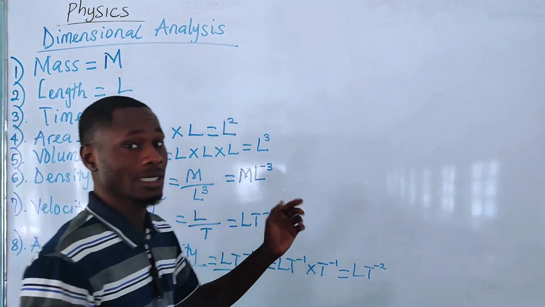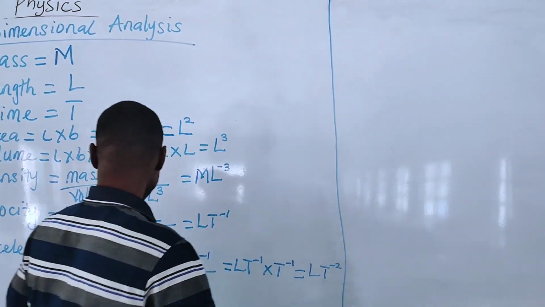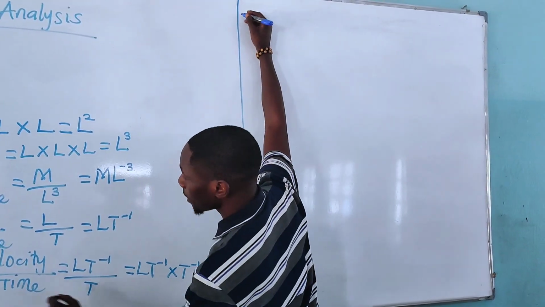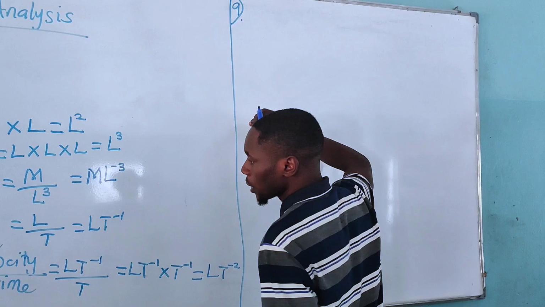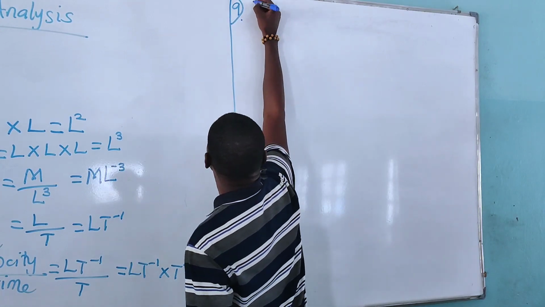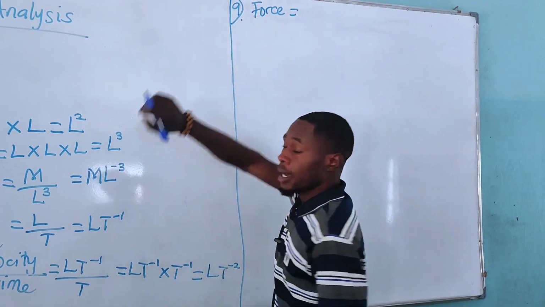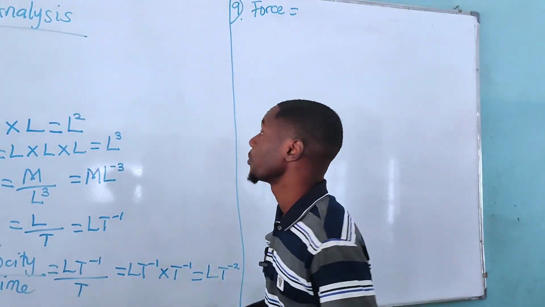Now the next quantity we will be looking at, that is number 9, is the dimension of force. And force we know is the product of mass times acceleration.